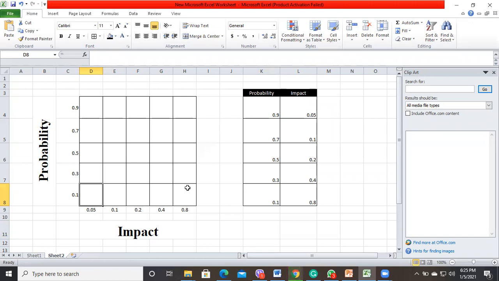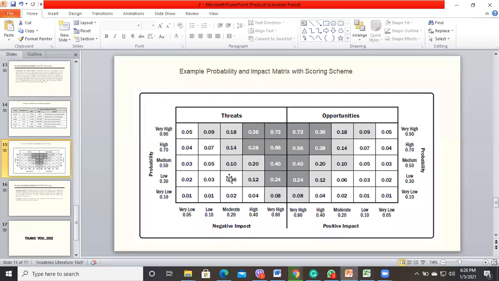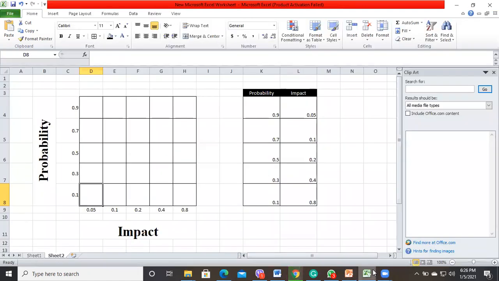Okay, but you should note that there can be positive and negative impacts. Based on that, it can be a threat or an opportunity. We can come to that point later on. So here let's see how to prepare this.